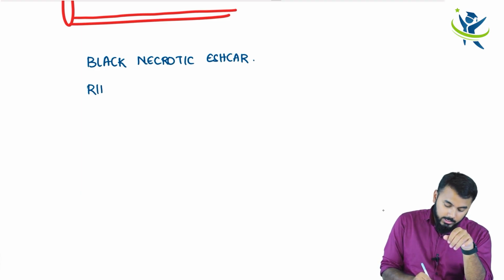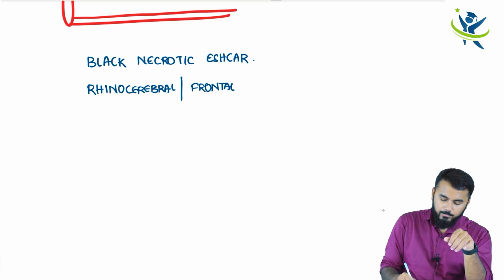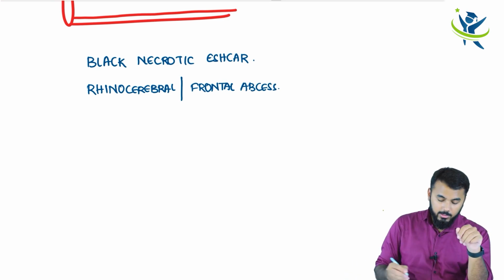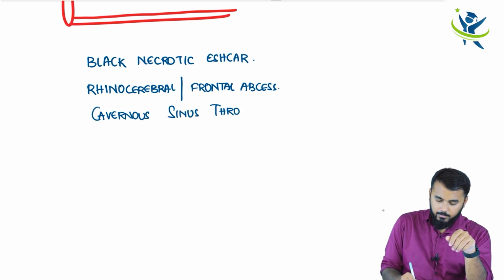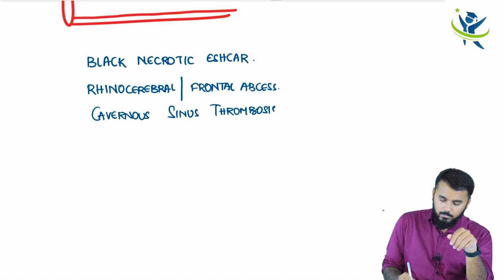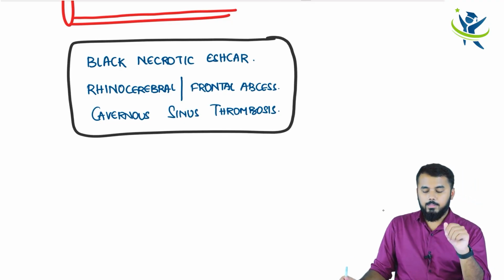So there will be rhinocerebral abscess, or the patient will also have frontal abscess. Not only that, I also told you the patient will also have cavernous sinus thrombosis. So these are the three important things which you would find in the patient, right?